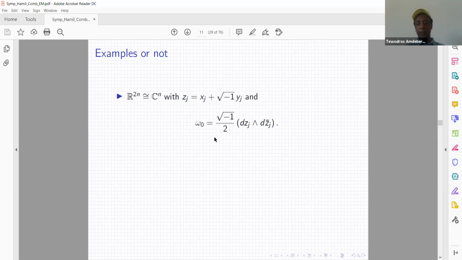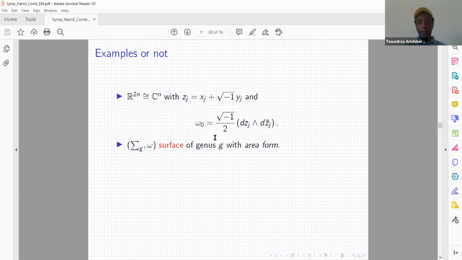Soon I'll write it in terms of real variables. Alternately, it doesn't make much of a difference, but this is a summation. So that means to keep in mind that in this case you have zj and its conjugate paired up, just like position and momenta. And this is an example.